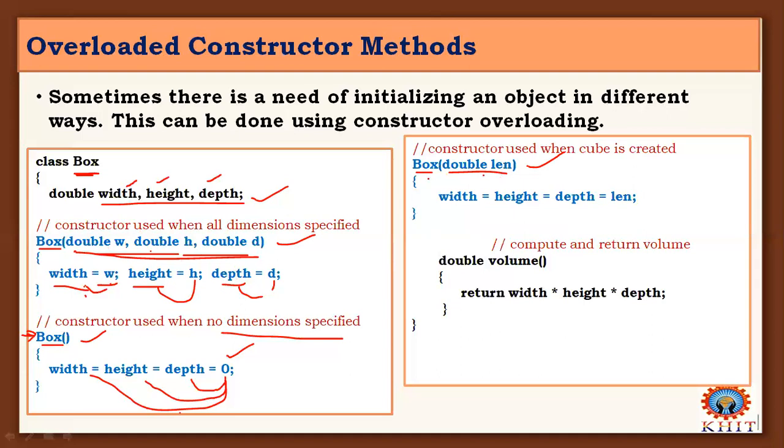When we create a Box object with one value, this constructor is automatically called, and that value is copied into all instance variables of this class.